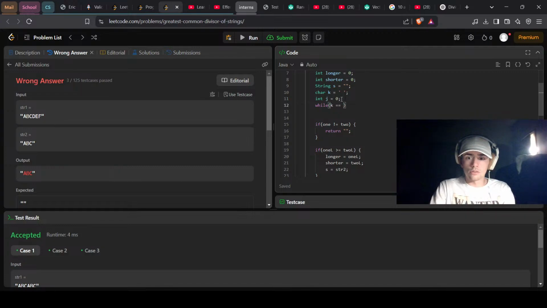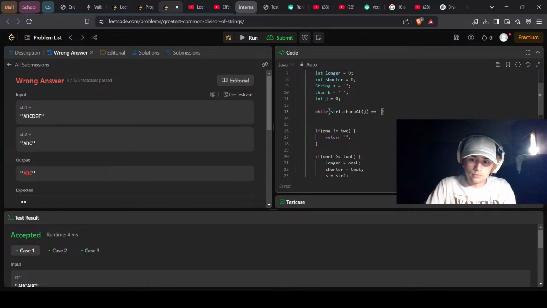The worst code I have ever written. While string 1 dot charAt j equals string 2 dot charAt j.